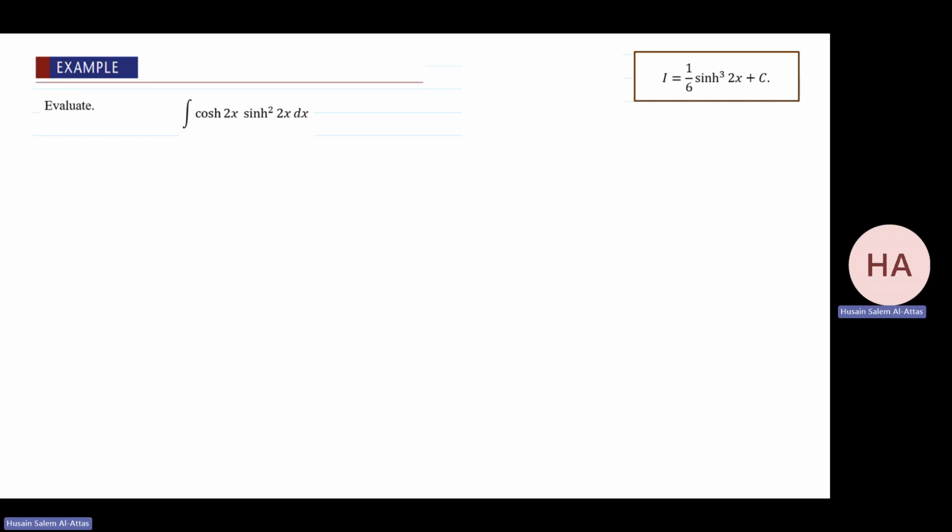Okay, so if I need to do the integral of cosine hyperbolic 2x, sine hyperbolic square 2x, very clear. I will let u equal sine hyperbolic 2x. My du will be 2 cosine hyperbolic 2x dx. So I need 2 and a half outside.